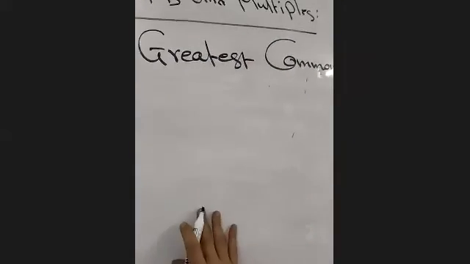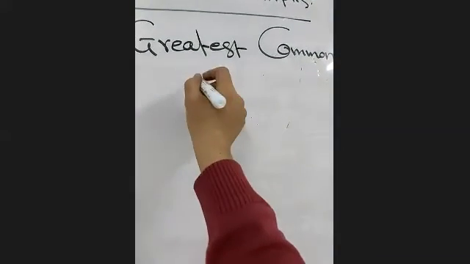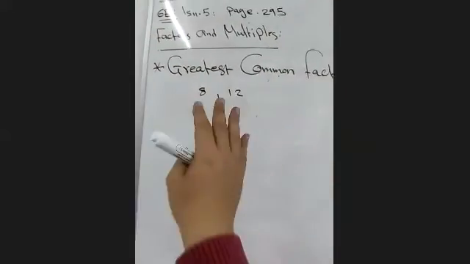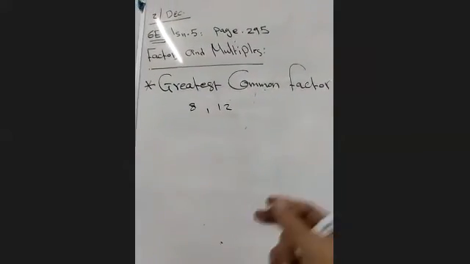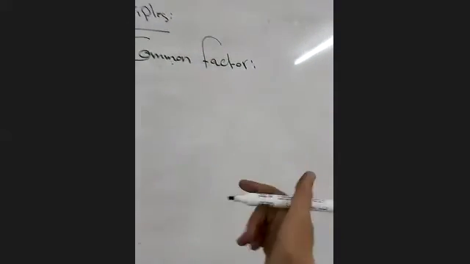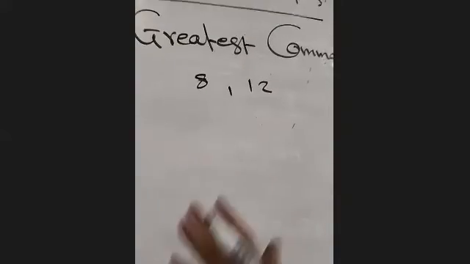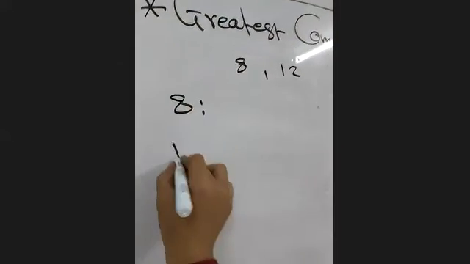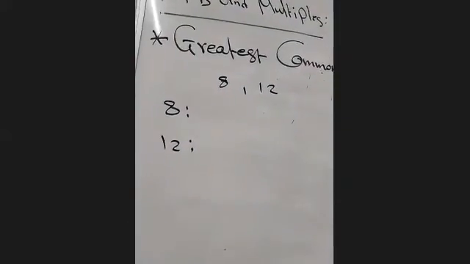For example, if I have two numbers like 8 and 12, and I want the greatest common factor, let's find the greatest common factor for 8 and 12. Let's list the factors for 8 and the factors for 12.